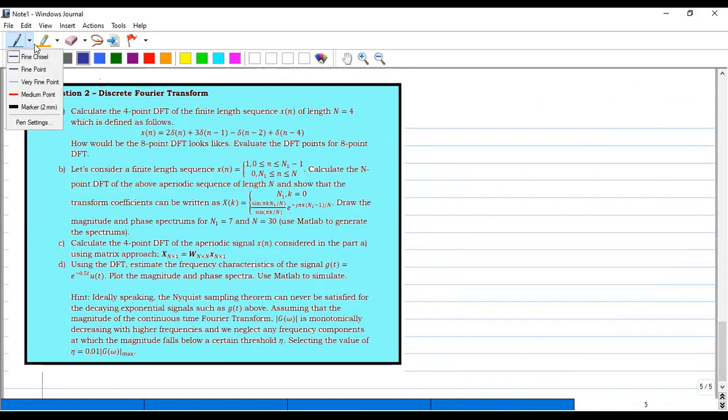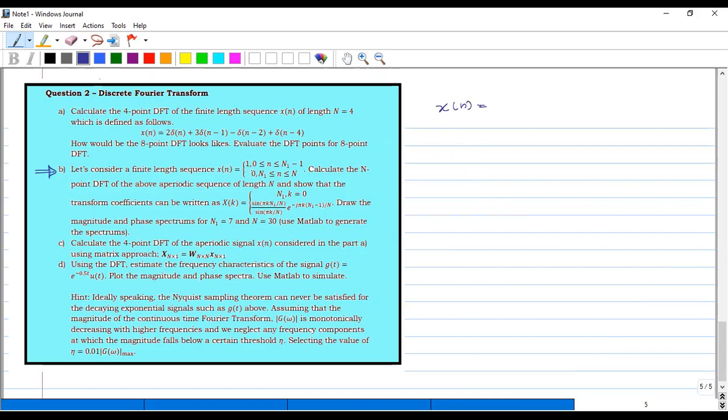So now we are going to do this one. We have a finite length sequence, that is x(n).